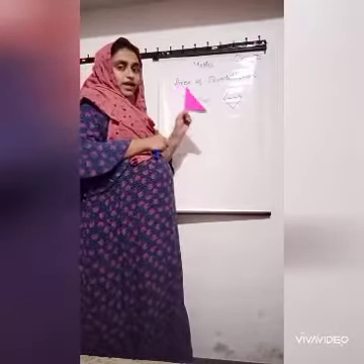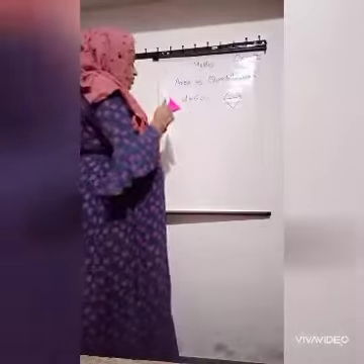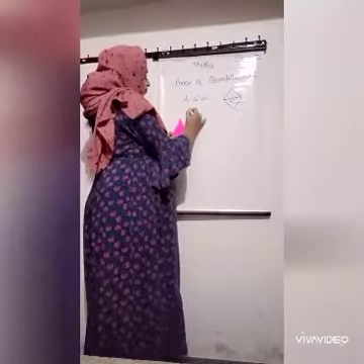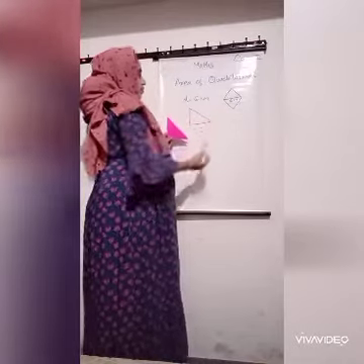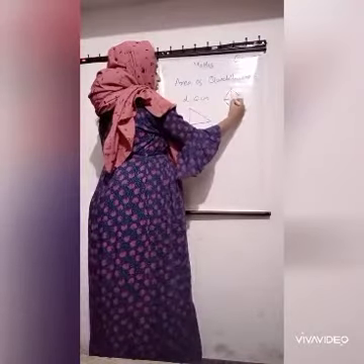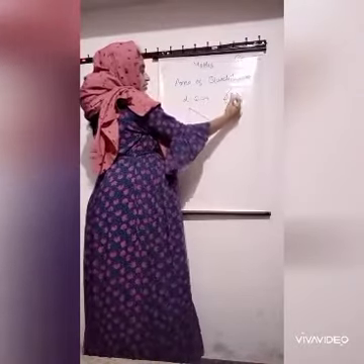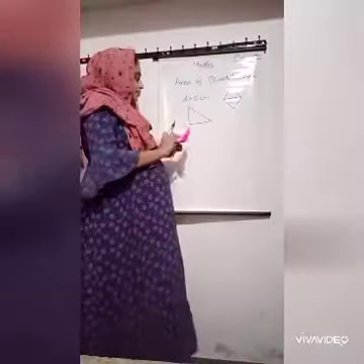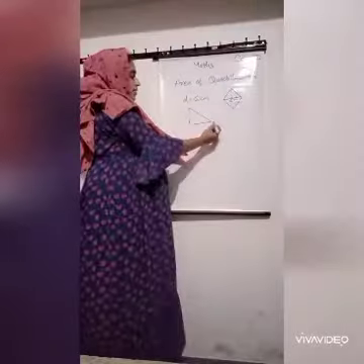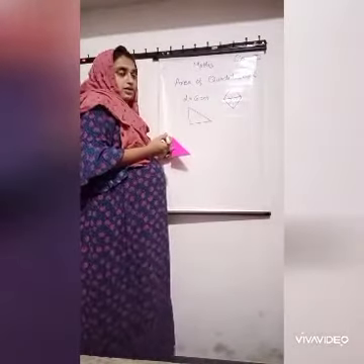How to find the area of the triangle? Just look, I will draw the figure. We divide the square into 4 triangles. The triangle I just drew here. What is the base of this triangle?